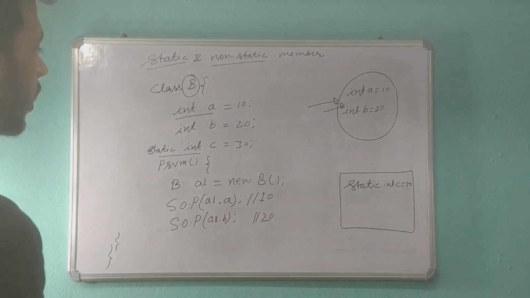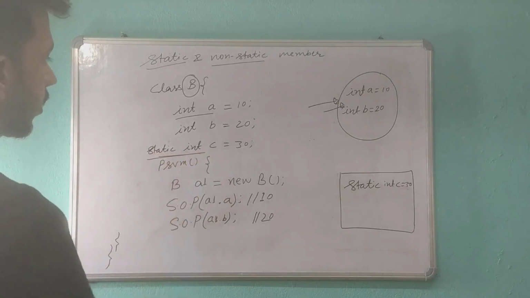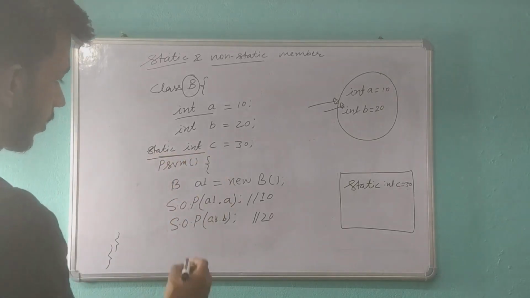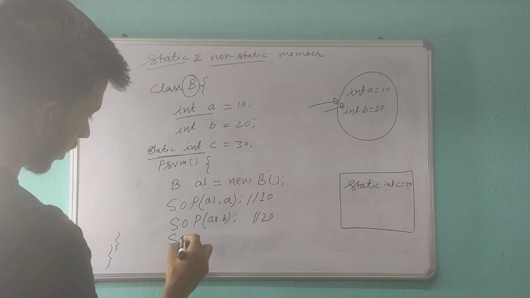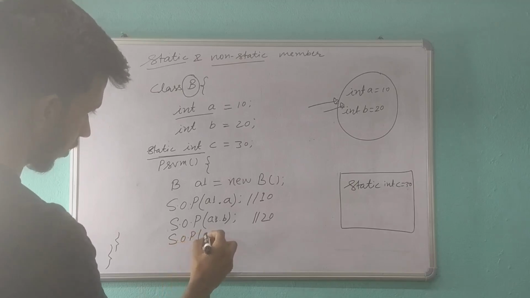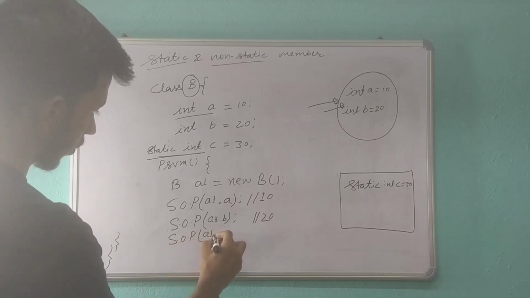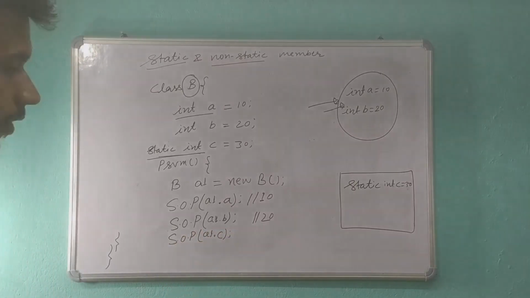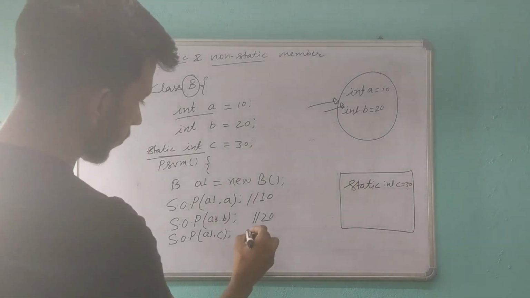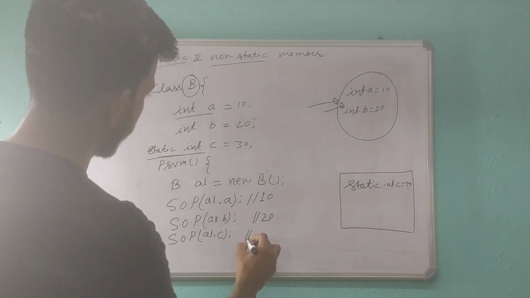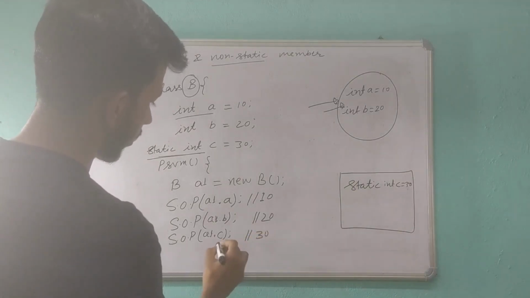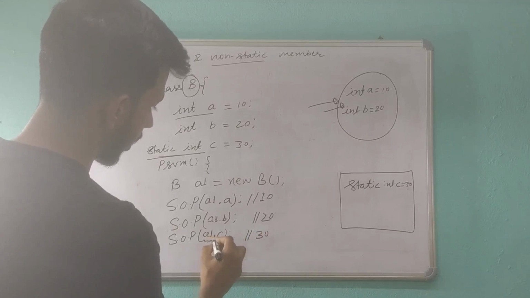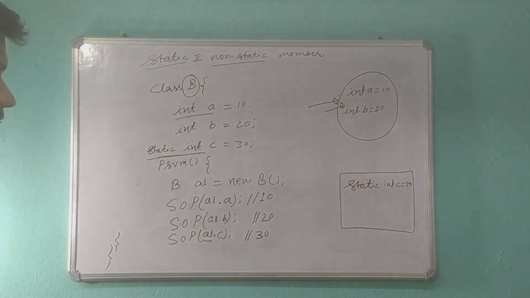How can we access the static members? If I write SOP a1 dot c, what will happen? Will it give an error or will it run the program? It will give output 30, but here you will get a warning message.